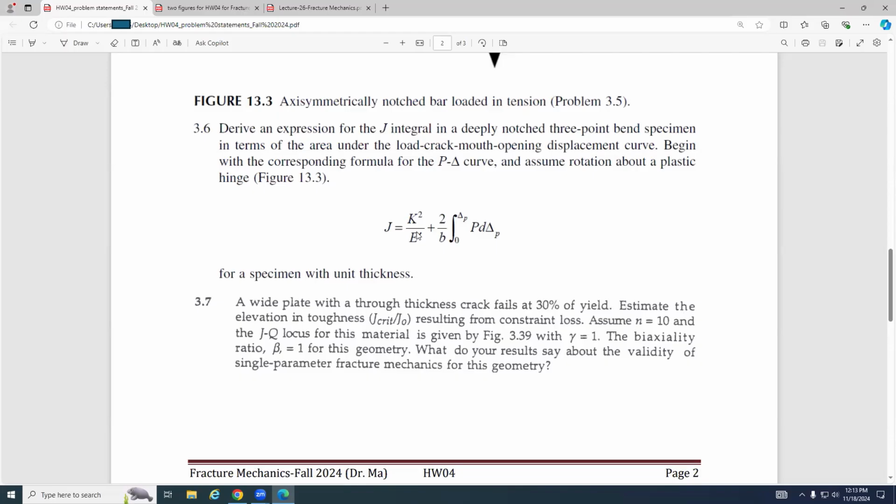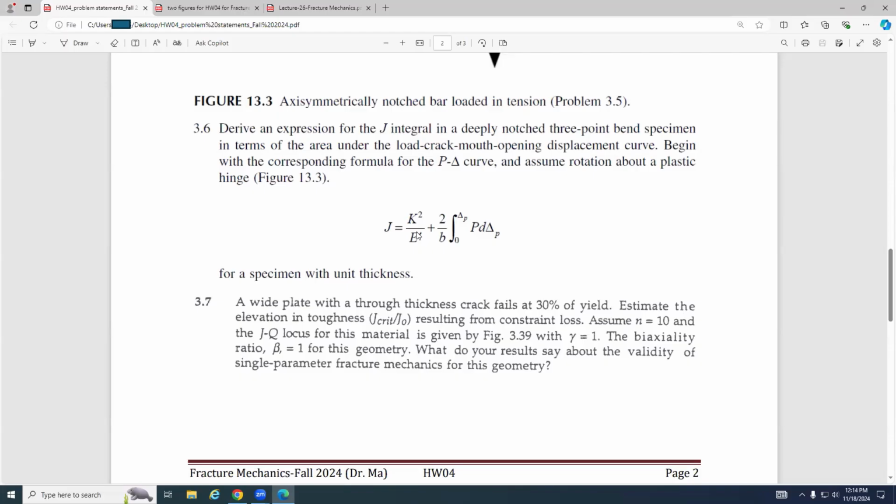In the second part we have 2B and the integral from 0 to delta P. So d delta P equals this, and we just plug in d delta P multiplied by W minus a plus RPB, and then d VP.